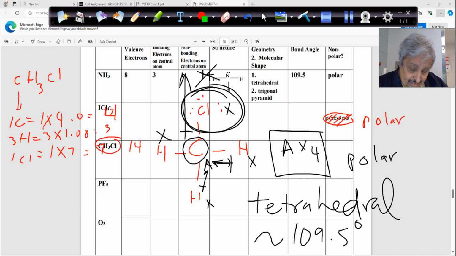So you need 4 sigma bonds, so you need the carbon, and we're trying to get this, and 3 of those.